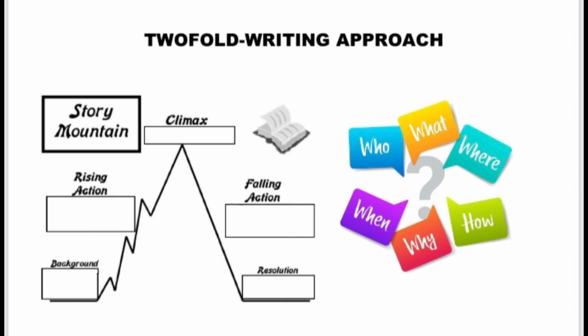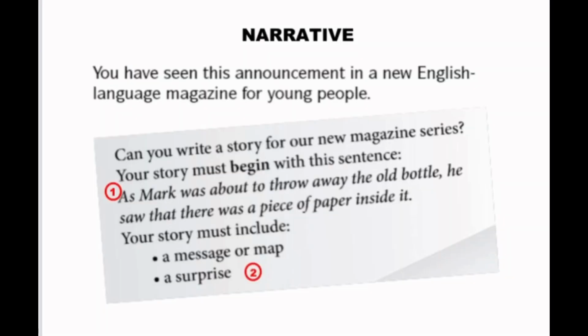Let's take a look at the question to understand how to use the story mountain. Number 1 should be at the background, the starting point of the story. And then number 2, a surprise, should be at the climax, the middle of the story. So what number 3 should be? Because it doesn't have number 3. So number 3, you have to think what happened at the end of the story.